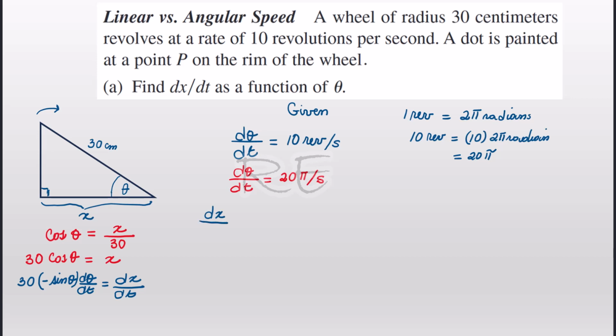dx dt therefore is equal to negative 30 sine theta, and d theta dt is 20 pi per second, so it's going to be multiplied by 20 pi per second.